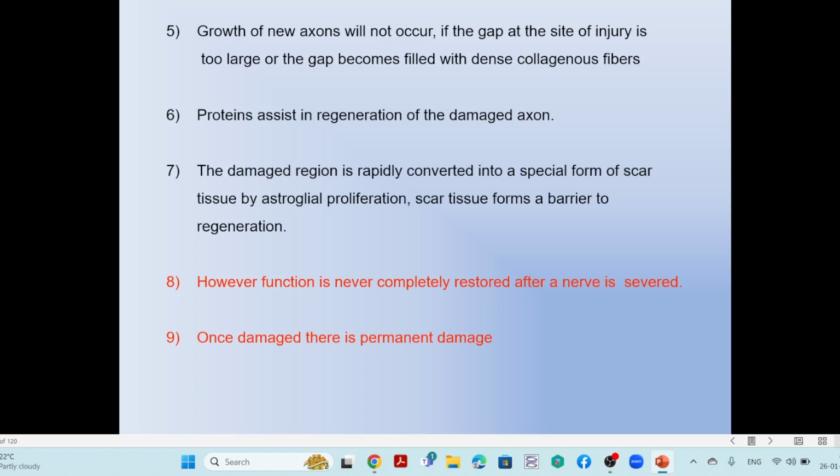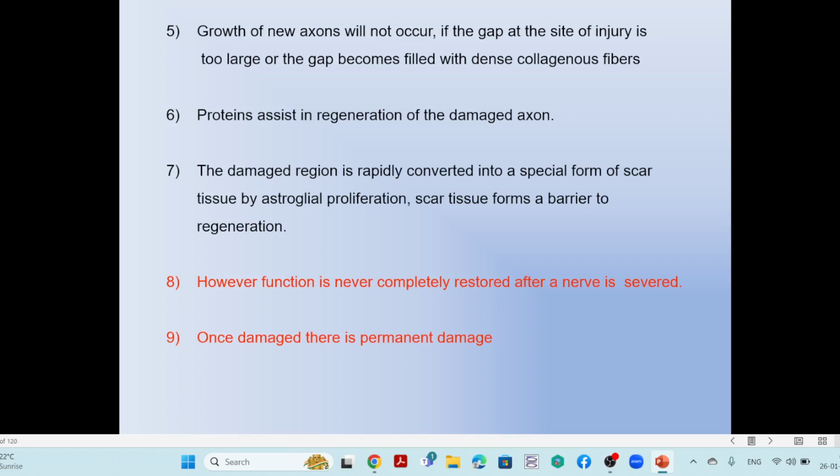But the damaged region is rapidly converted into a special form of scar tissue, that is astroglial proliferation, and that scar tissue forms a barrier to regeneration. However, function is never completely restored after a nerve injury. There will be a limited repair, and it cannot function as earlier; there are some changes in function.